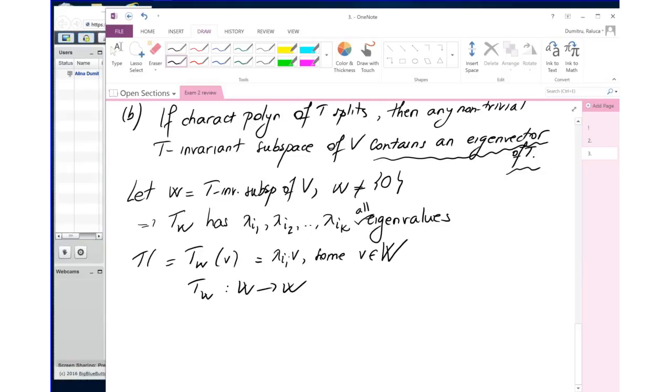Since v is in W, T or the restriction doesn't matter, right? T and T restricted to W are one and the same on this space W, right? So v is also an eigenvector of T.